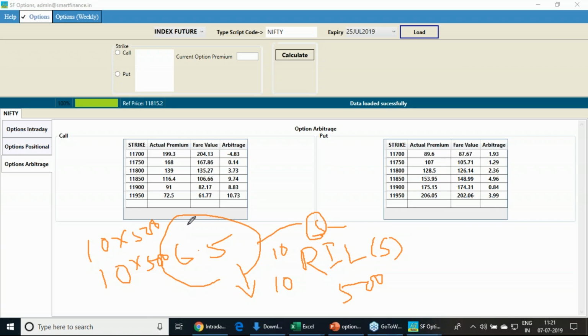Third month, the stock gives you a dividend of 10 rupees. Say the quarterly result came and it has given a dividend. Immediately the future will go to a discount: the stock will be trading at 10 plus and the future at 10 minus. Dividend is again tax free.